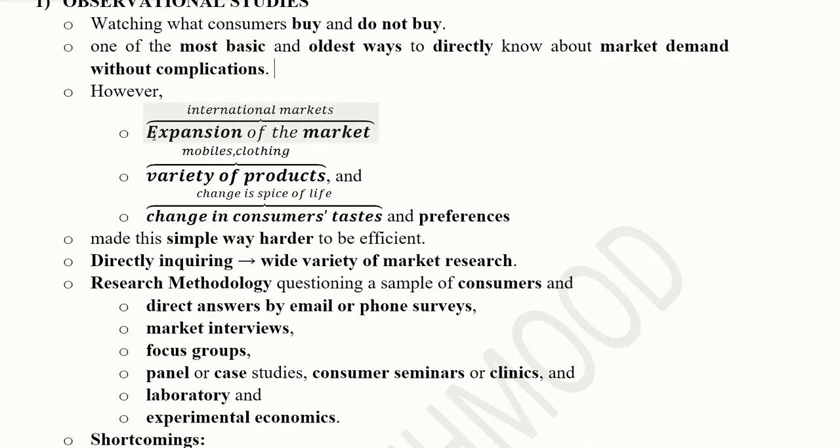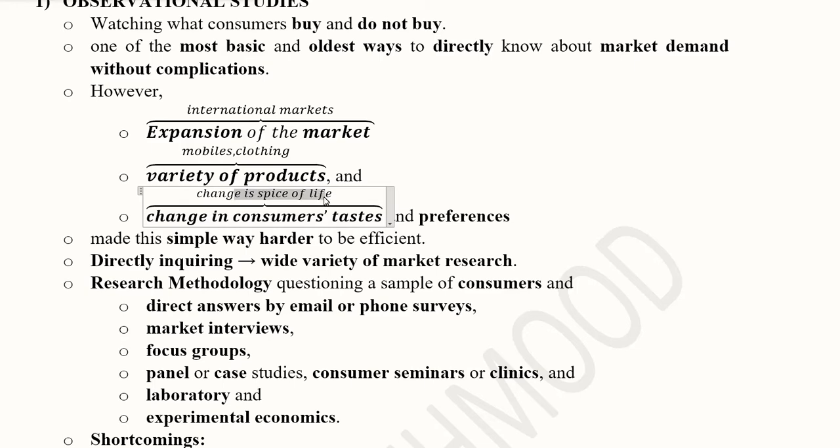But due to the expansion of the markets, due to the globalization that has happened, the markets have expanded. Now we have international markets that businesses explore. And due to the increasing variety of products like mobiles and clothing, there is quite a bit of growth in variety. As well as that, consumers have changing tastes, because change is the spice of life.